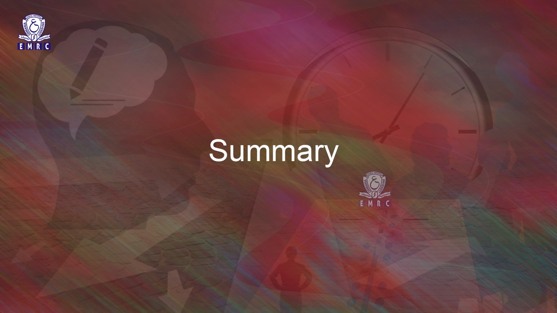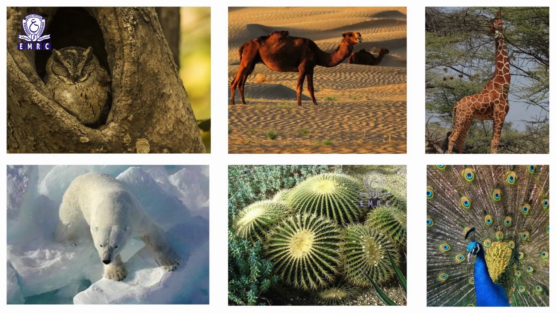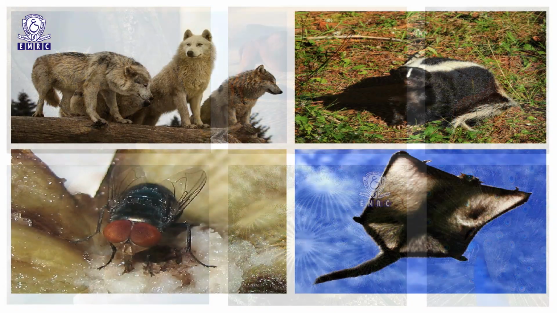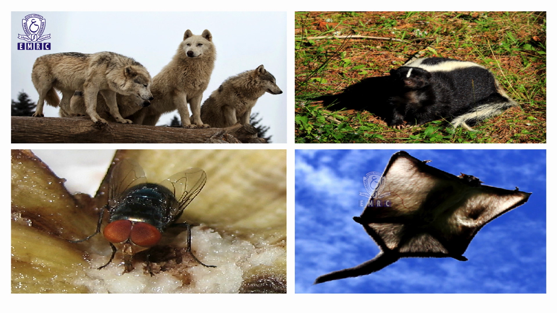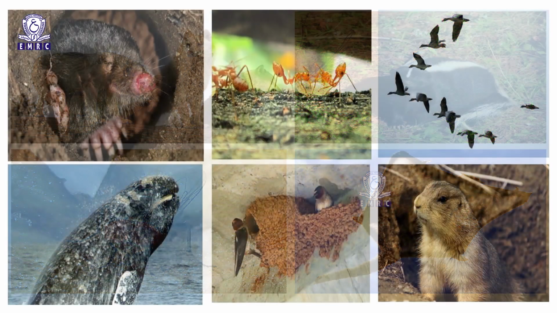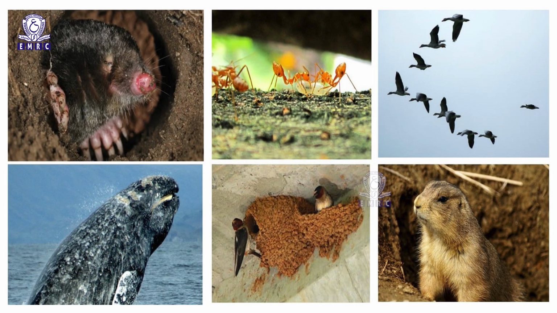Now let us summarize this lesson. Behavior is the actions that an organism uses to adjust to and live within its environment. It is an organism's activities in response to external or internal stimuli, including objectively observable activities, introspectively observable activities, and non-conscious processes.